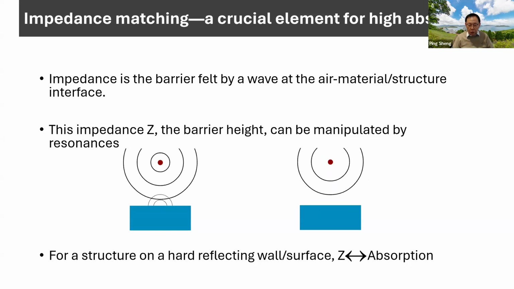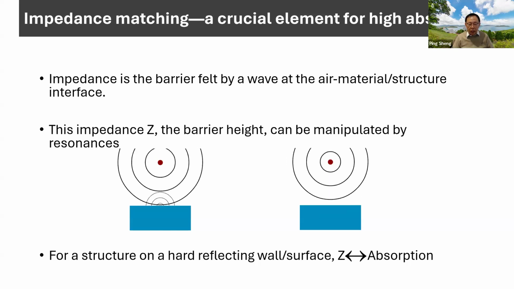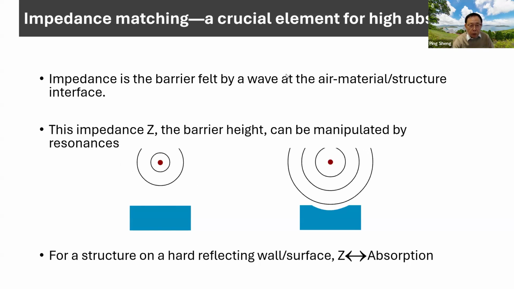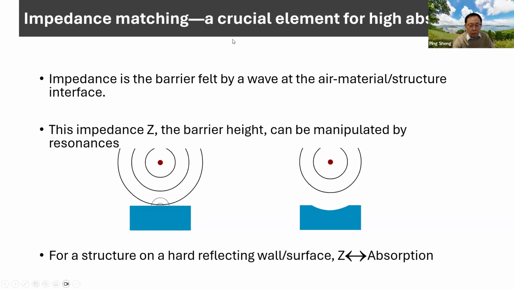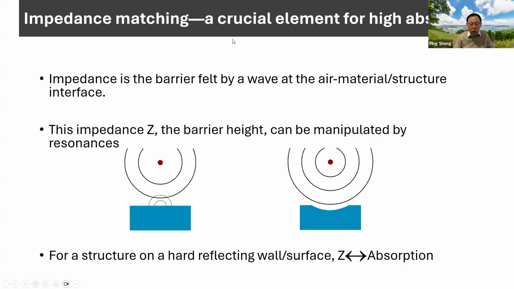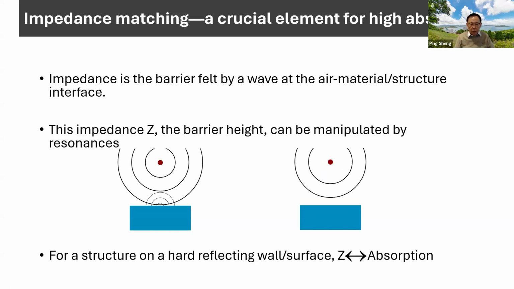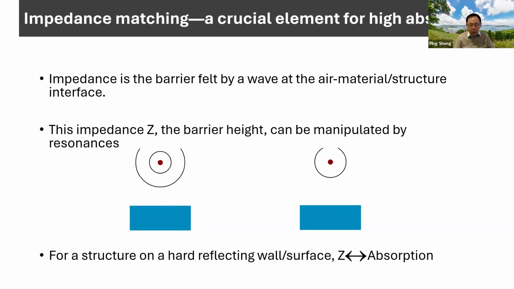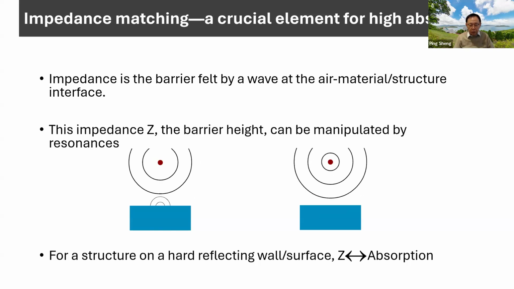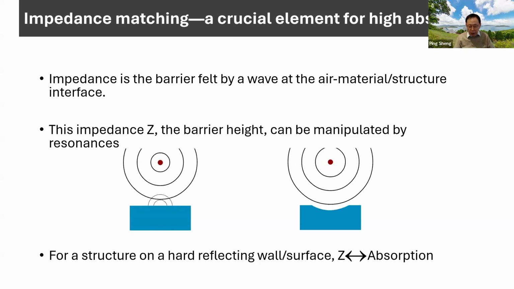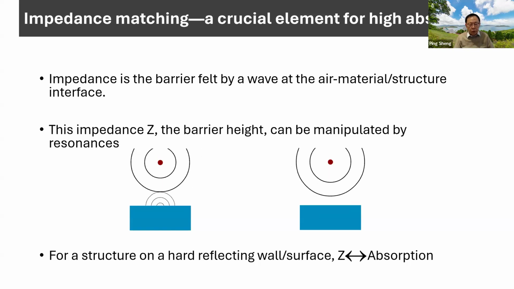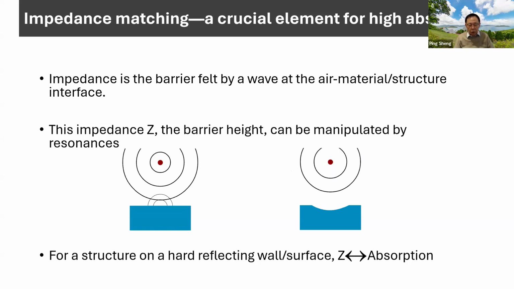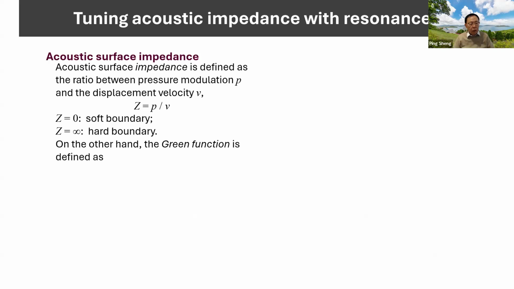So if there is no reflection, then absorption becomes 1 automatically. Okay, so there is a 1-to-1 correspondence between the impedance in this case and absorption. So now let's focus on the impedance for the matching purpose.